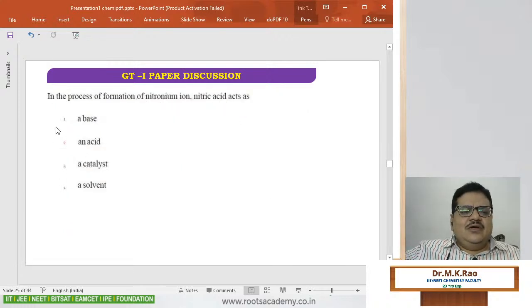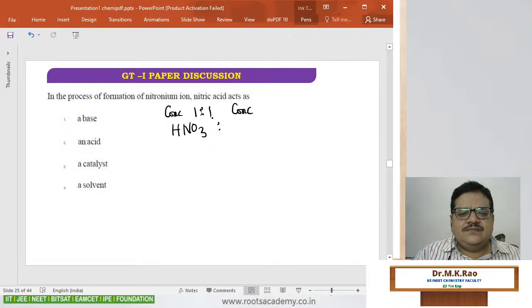Next, the process of formation of nitronium ion. First of all we should know the nitration mixture: a 1:1 ratio of concentrated HNO3 and concentrated sulfuric acid. HNO3 is HO-NO2; sulfuric acid gives H plus and HSO4 minus, and NO2 plus and OH minus.